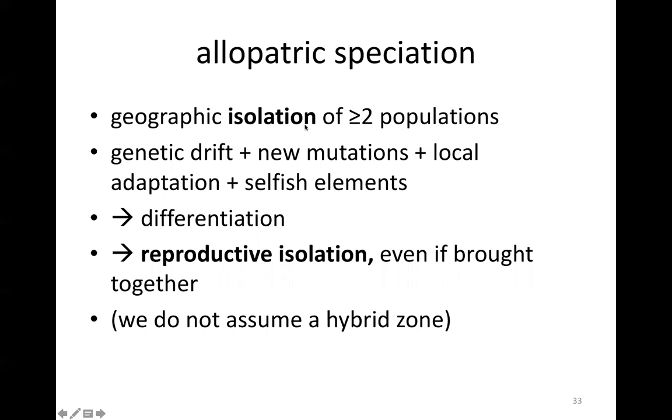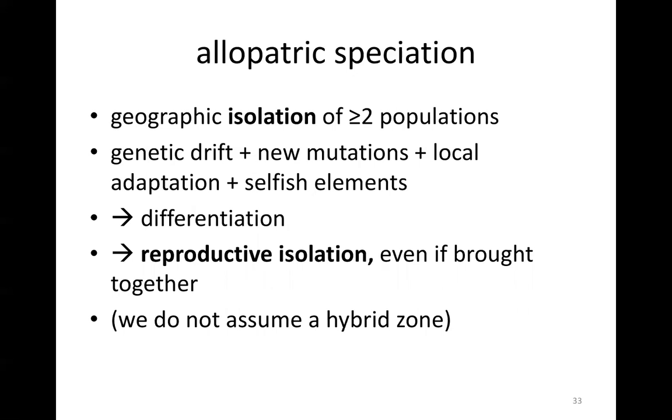So there's geographic isolation, genetic drift, mutations, local adaptation, selfish elements. Drift nearly always happens. If there's enough time, new mutations will also contribute. Of course, how much adaptation and selfish elements contribute will depend. The end result is differentiation of the gene pools, and that will eventually lead to reproductive isolation, sometimes fast, sometimes slow.